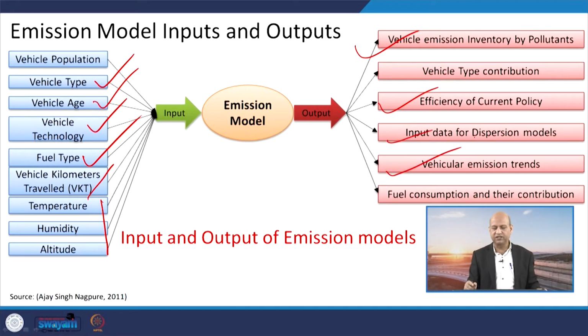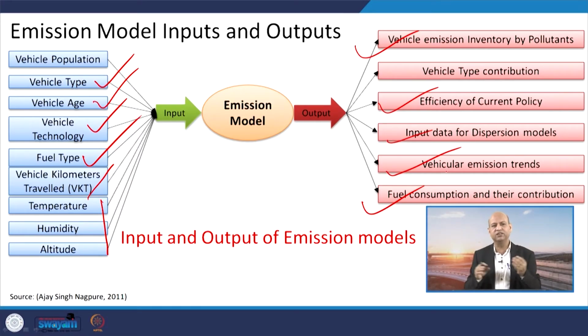Then vehicular emission trends, meaning over the years how much emission is increasing on the basis of certain types of vehicles. Then fuel consumption and its contribution. You also know how much fuel is consumed in a city, so you can validate whether that fuel consumption is reflected in the emission of a particular pollutant or not.